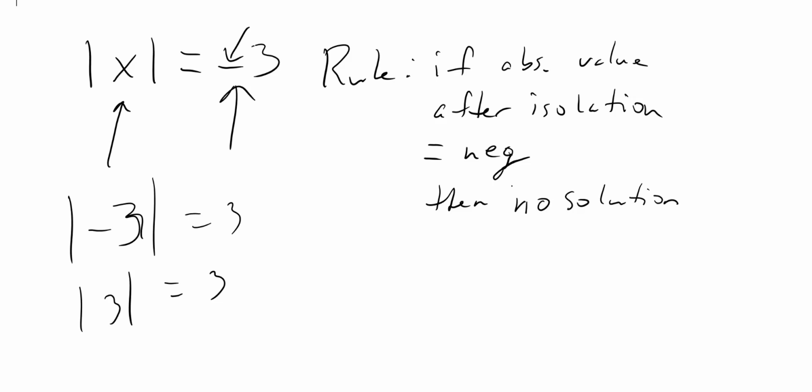Because it's impossible. Okay, then no solution. All right. That's only if you isolate it, though. And I'm going to give you an example where it's going to look like it's no solution, but I haven't isolated it yet. Okay. All right.